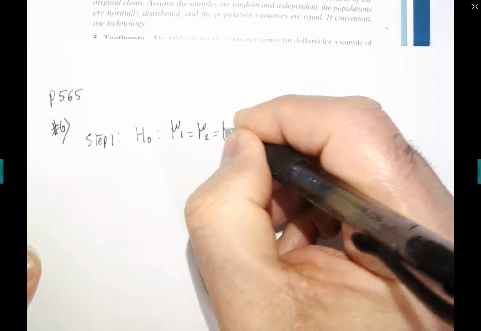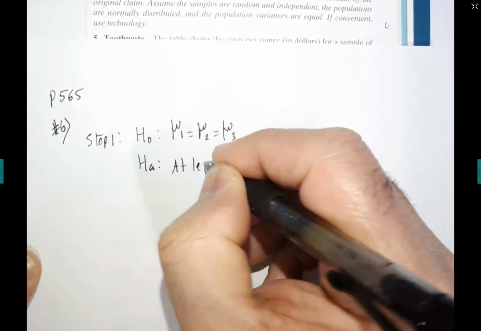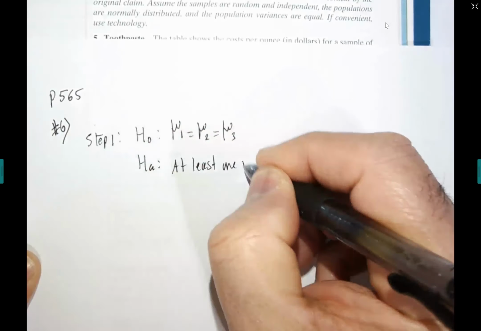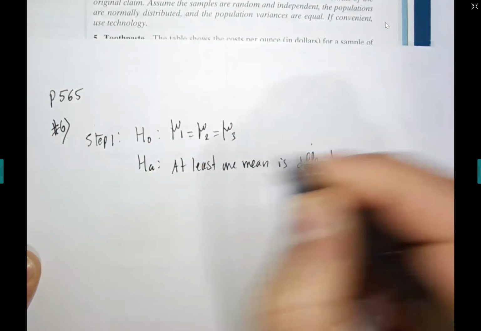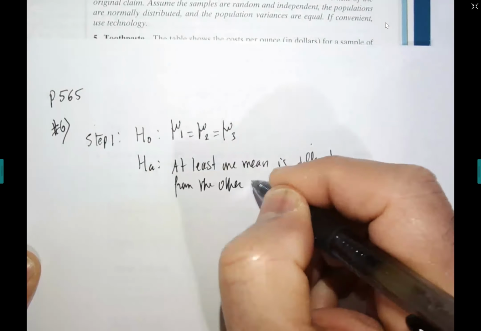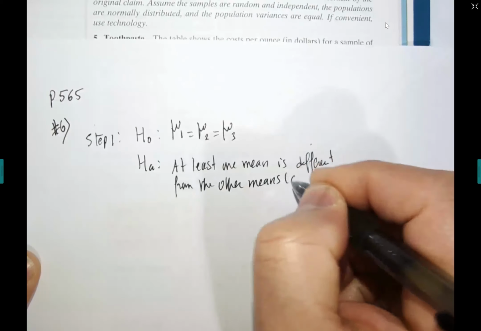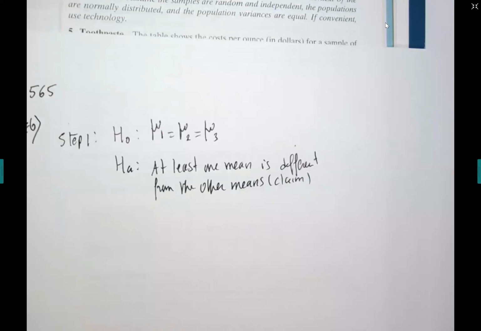And then HA: at least one mean is different from the others. You can memorize this, guys. It's always the same statement. And this is my claim. He says, can you conclude that one mean is different from the others?